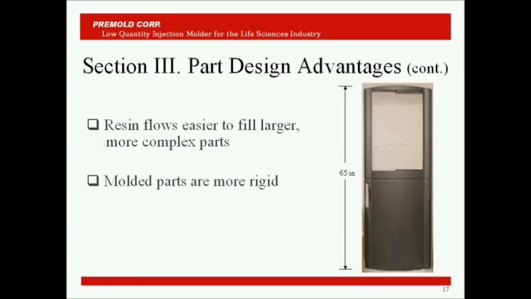Now, depending on the RIM resin that you choose, that resin might make a RIM molded part stiffer than its counterpart in high-pressure injection molding. Because a lot of the RIM resins are very rigid, it eliminates the need for a lot of reinforcing ribs on the inside of a part, so that keeps your part cost and your tool cost down.